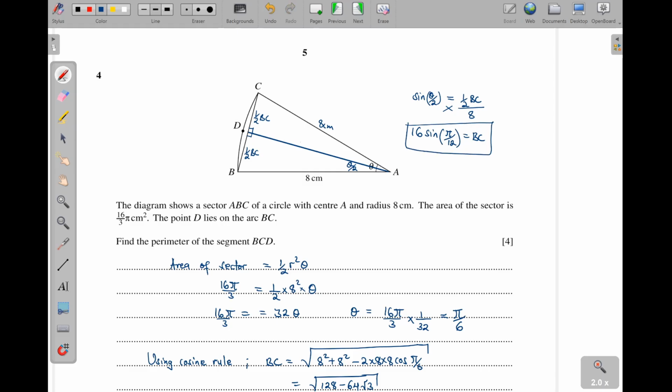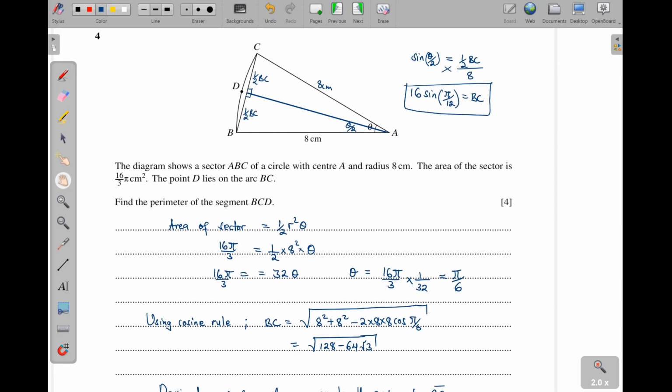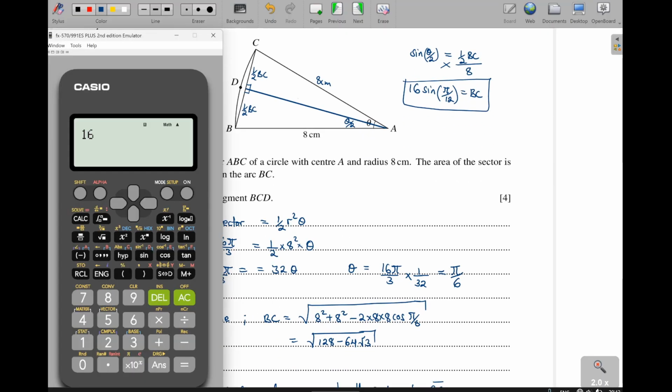Now, let's check this one out. 16 times sine of pi over 12, that is the BC. Then plus the arc BDC, r theta, which is 8 times pi over 6.